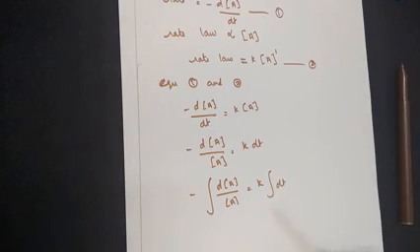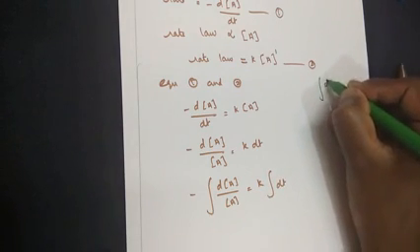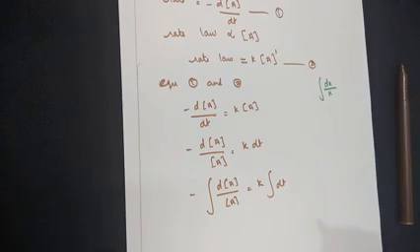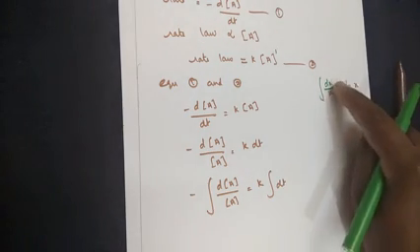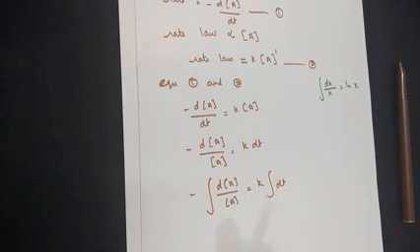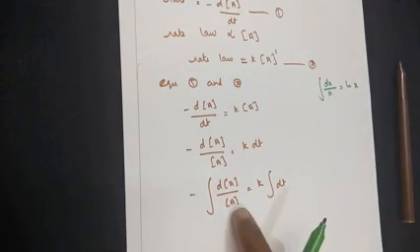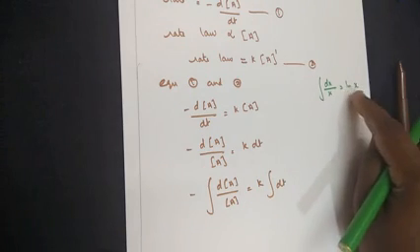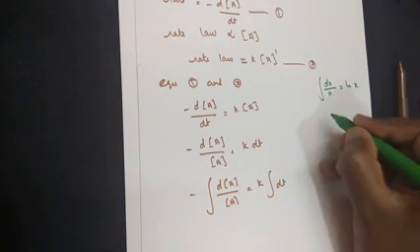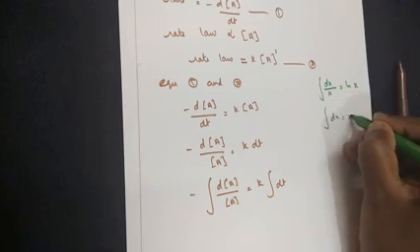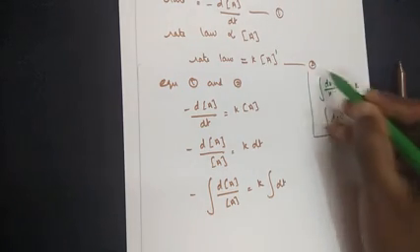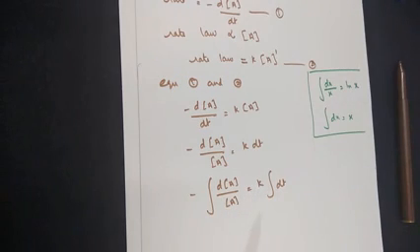Here you need to remember the two laws you have learnt in maths, that is integration of dx by x is equal to natural log of x. In terms of dx, we've got dA. In terms of x, we've got A. So the answer should be natural log of A. One more term, integration of dx is equal to x. So these are the two formulas you need to remember to substitute here.